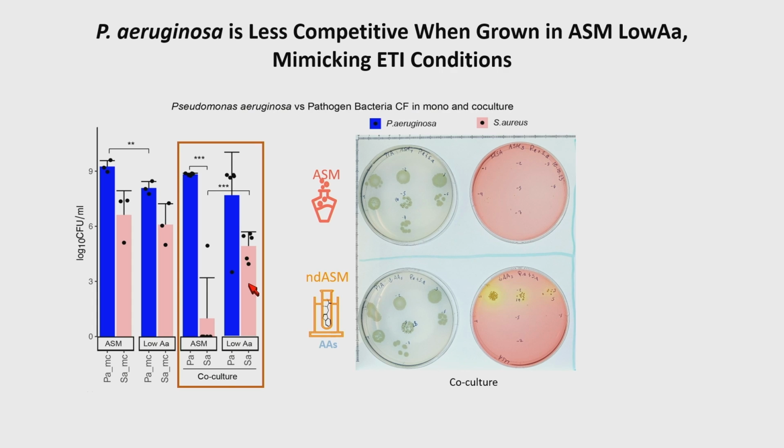But when Pseudomonas is grown in co-culture with Staphylococcus aureus in artificial sputum media full of nutrients, Pseudomonas does its job. But when they are in low amino acid, Pseudomonas has the same growth rate, but Staphylococcus aureus can grow. That was very interesting for us because this antagonistic interaction is changing in terms of limited nutrients.